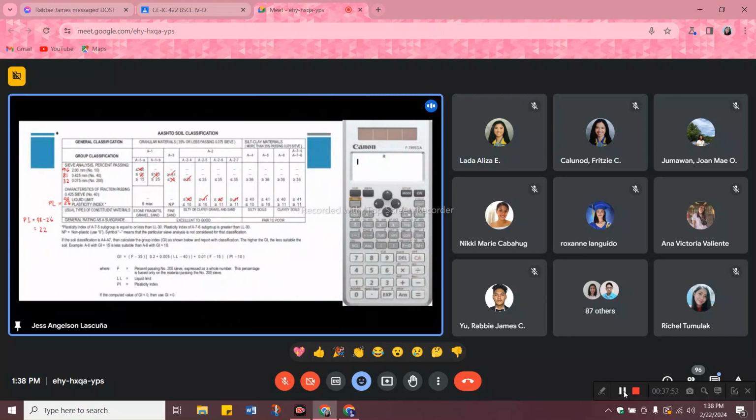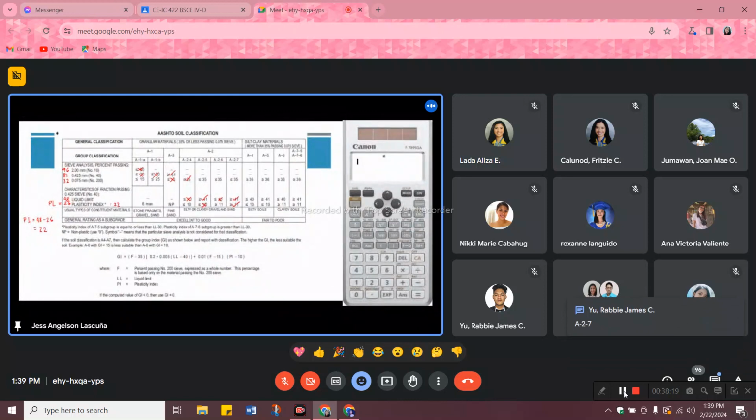So our PI is 22. Now where does 22 fall? It is greater than 11, right? So it is wrong here. Let's check.